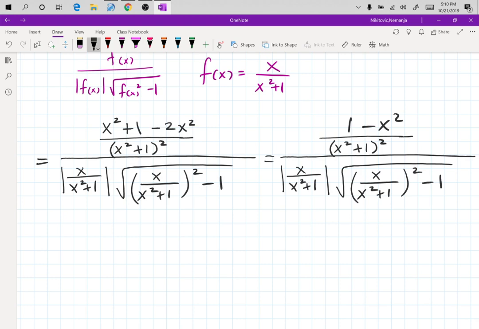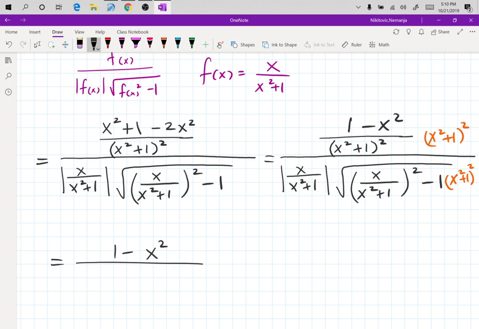Now, I'm going to multiply by x squared plus 1 squared to get rid of the double fraction. So that's going to give me, when they cancel, just 1 minus x squared in the numerator.